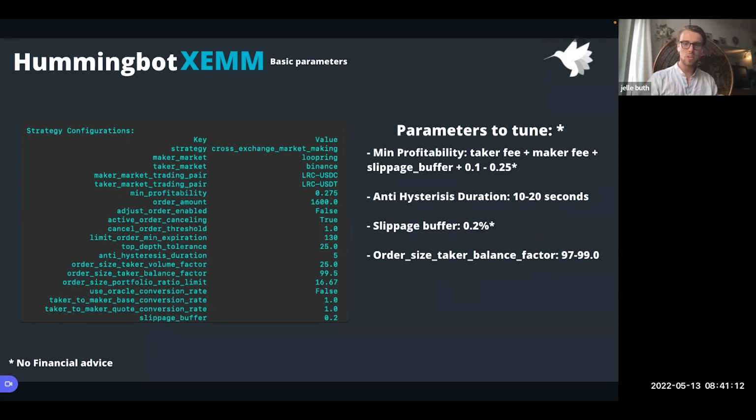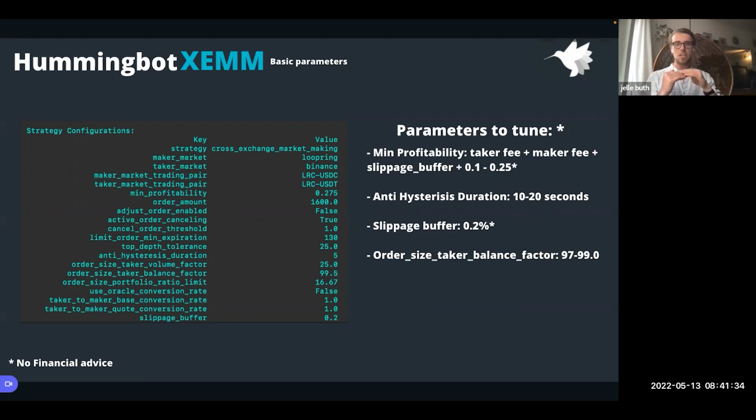And it's important to understand that it doesn't matter for your profitability whether you set this parameter to 0.2 or, for example, 1% or 2% or maybe 3%, because if you want to buy on the taker exchange, it will just push the price at which it wants to buy even lower.